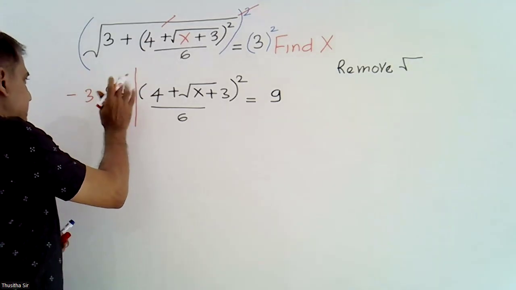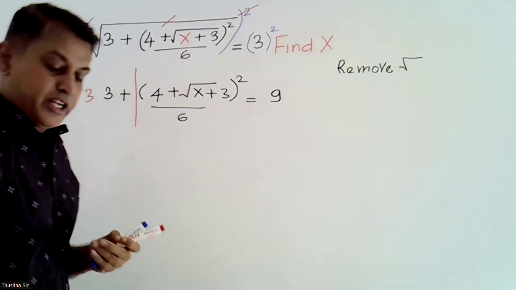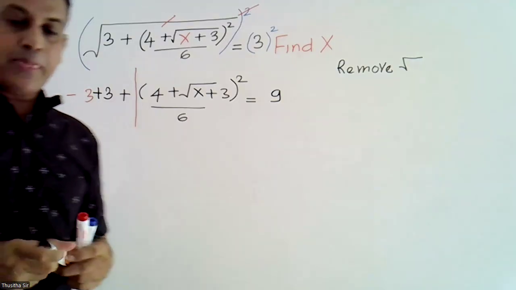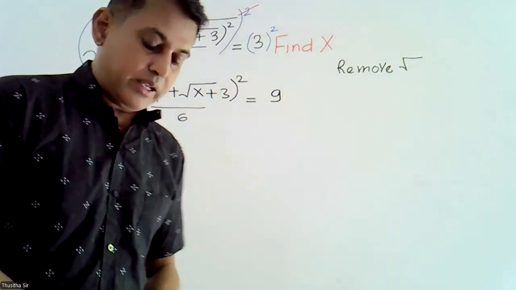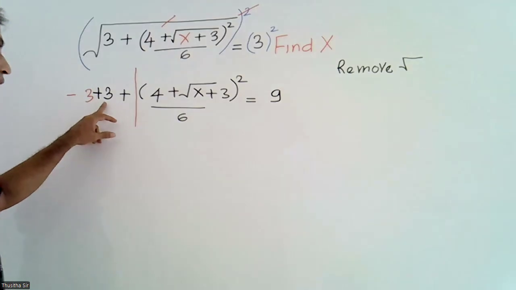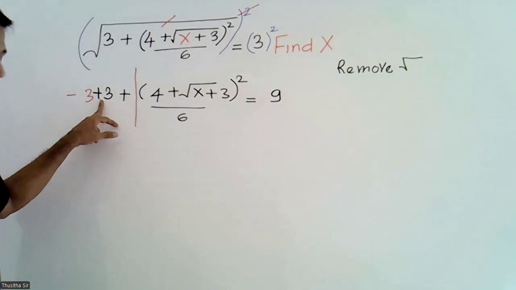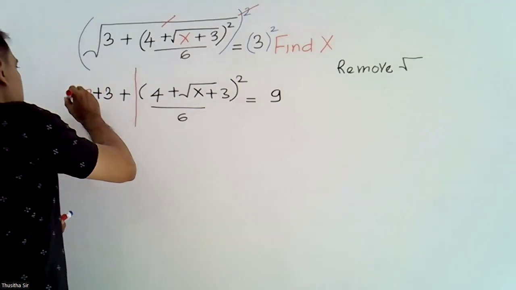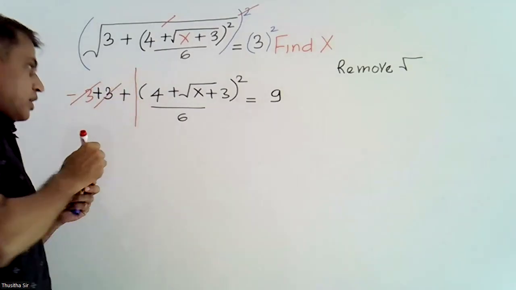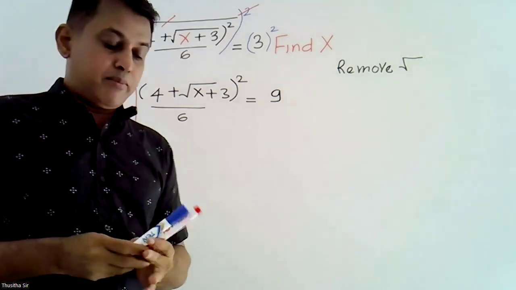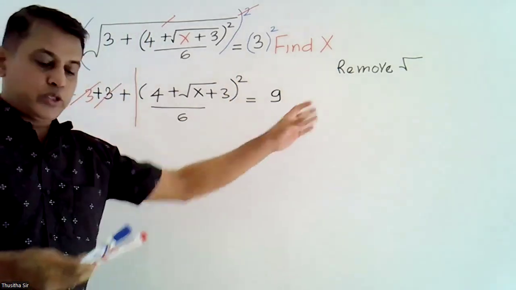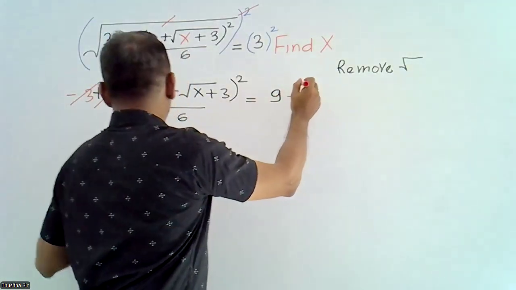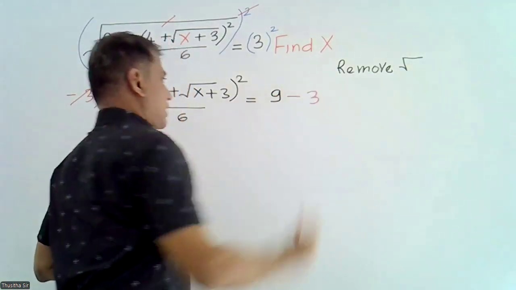Because here anyway, it is plus in front of that. If the number is not given any plus or minus in front, usually it is a plus sign, right? So -3 and +3, we can cancel. But remember, whatever I'm doing to this side, I should do to the other side. That means I should do the same thing, -3, to the other side.